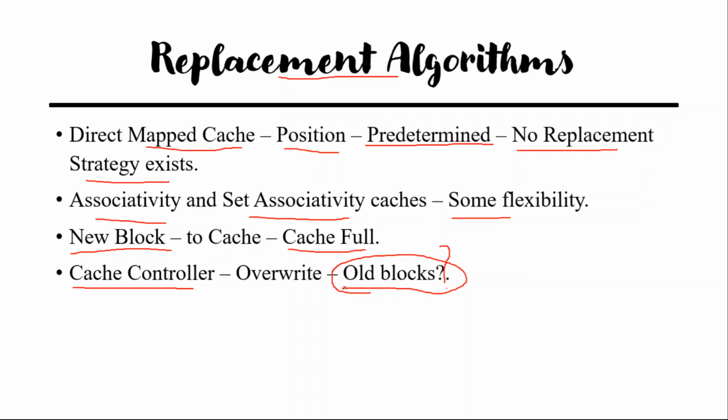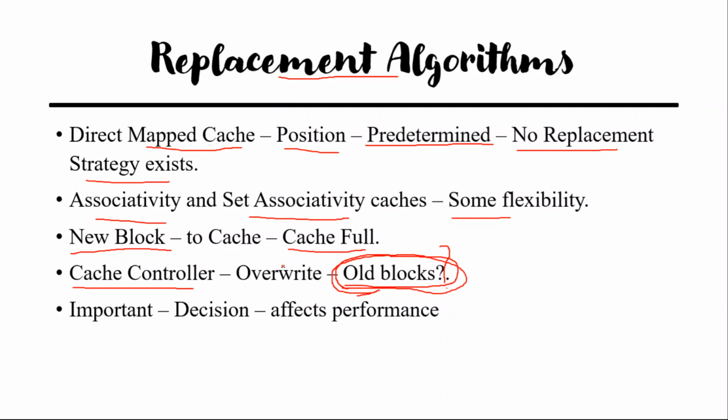So how are we going to identify it? There may be many old blocks, but that doesn't mean we can just throw them away, because a block may be immediately required by the processor again. In that case it will have a heavy blow on the performance. So it is an important decision to choose the right block to overwrite or replace, because this is going to affect the performance of the CPU very much.